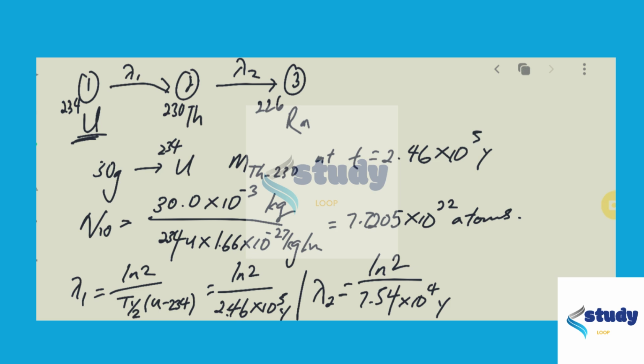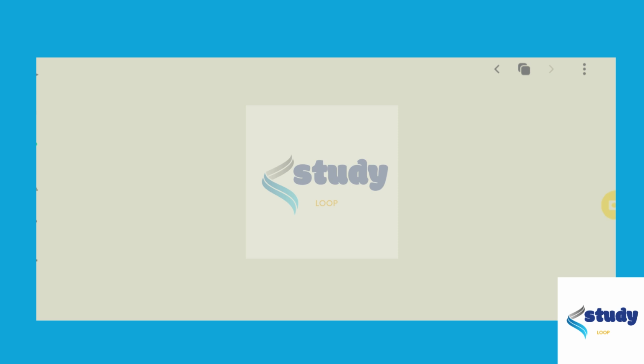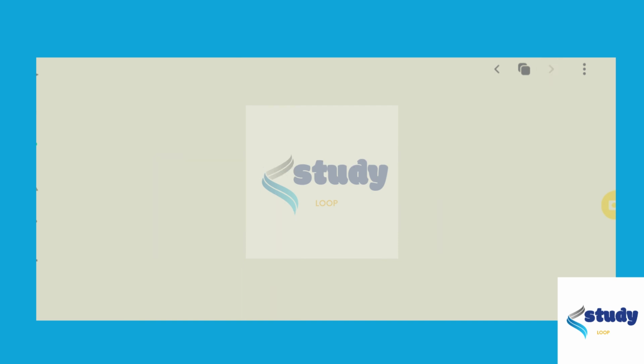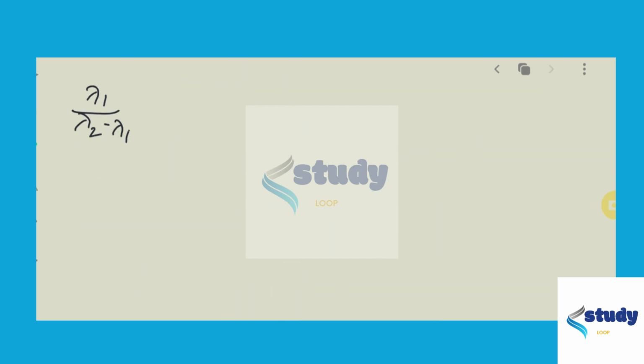Now we have one of the more important coefficients for the N2 term. Remember that our N2 term is like this. We want to find this, which is basically lambda 1 over lambda 2 minus lambda 1. Using these values, we substitute that in. This should be about 0.44197.